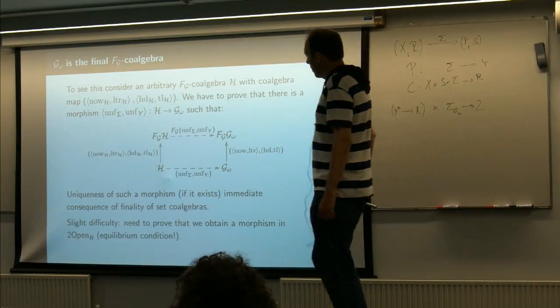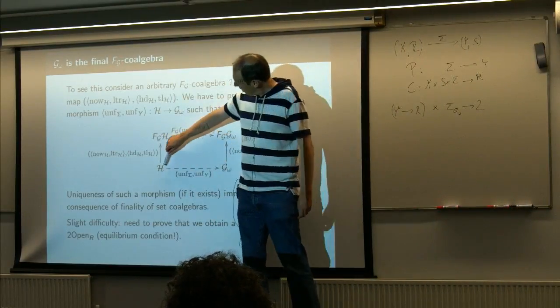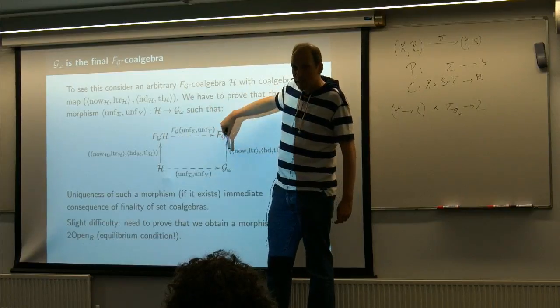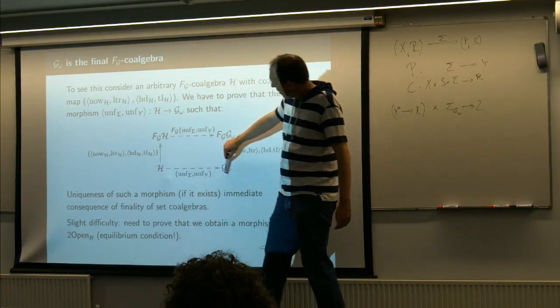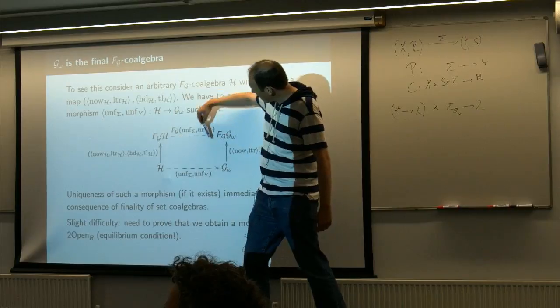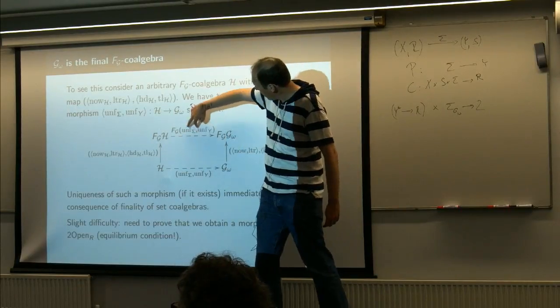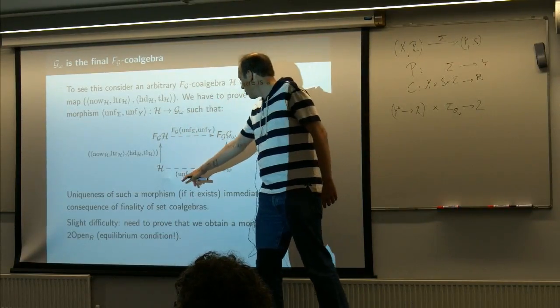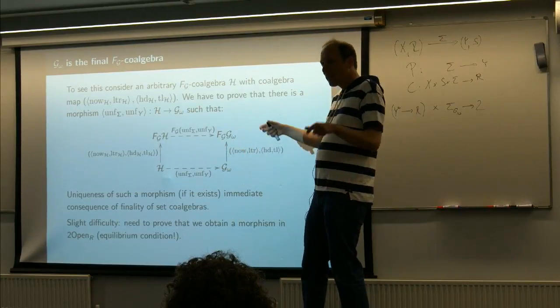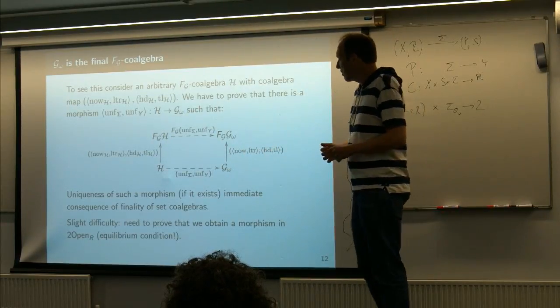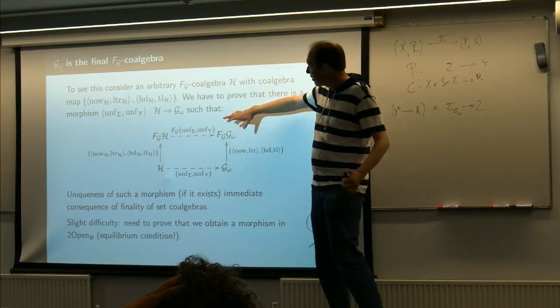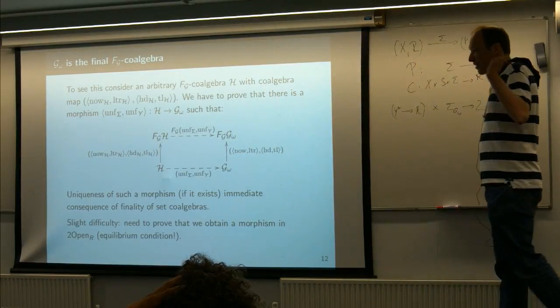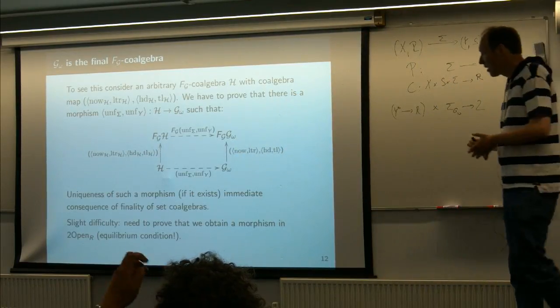What's really obvious is the uniqueness of this thing, because if you have such a morphism making this diagram commute, it has these two parts, and you can show that these are just coalgebra morphisms for these set coalgebras. We know that for the set coalgebras, these are final coalgebras, so that's why they have to be unique.